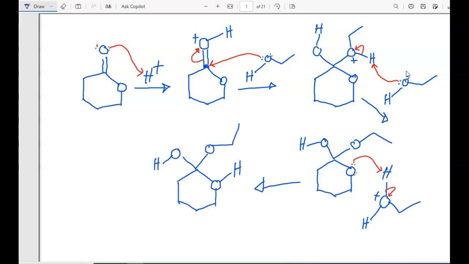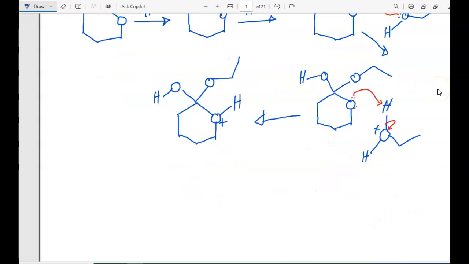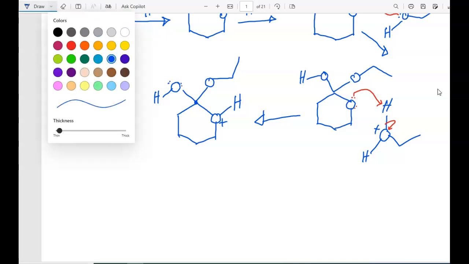So we have this intermediate, and now we have a positive charge on that oxygen. So the carbonyl carbon right here is now very unstable with so many oxygens, and so the result is that the carbonyl will try to reform to get that carbon stabilized again.